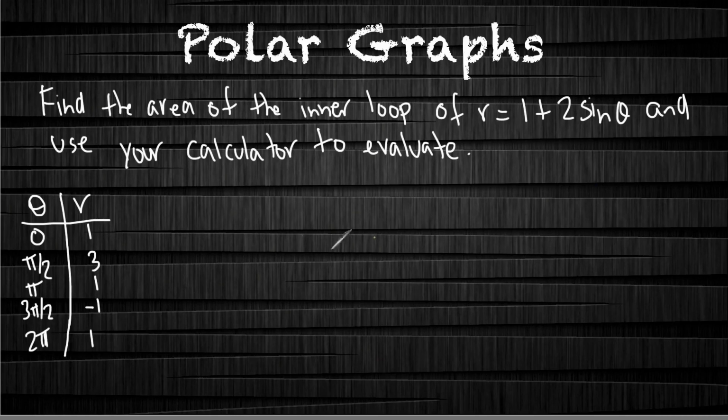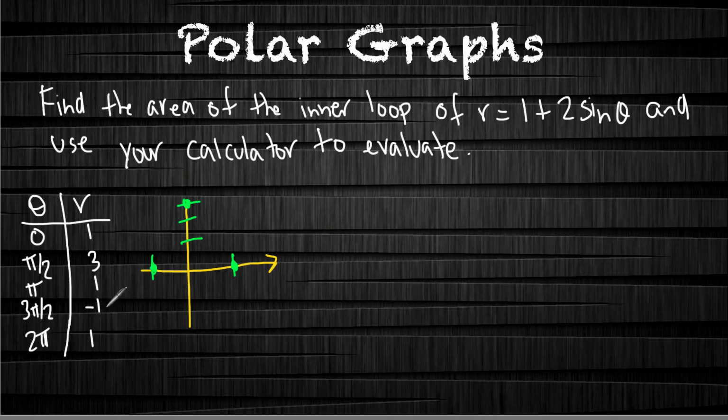So let's see if we can figure out what this graph will look like. When theta is 0 degrees, we go 1 unit to the right and put a point. At pi over 2, we go 3 units up and put a point. And 1 unit in the direction of 180, so we put a point.